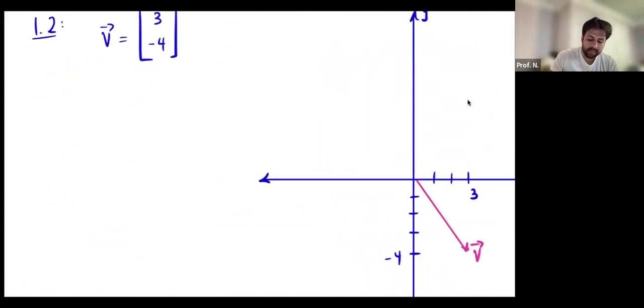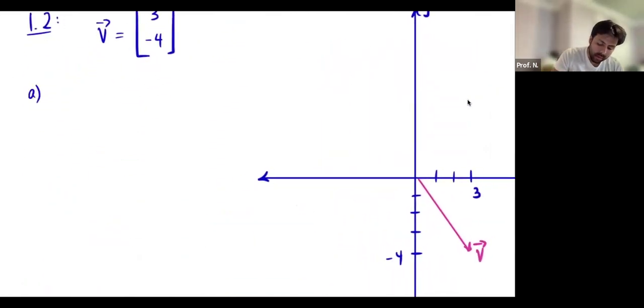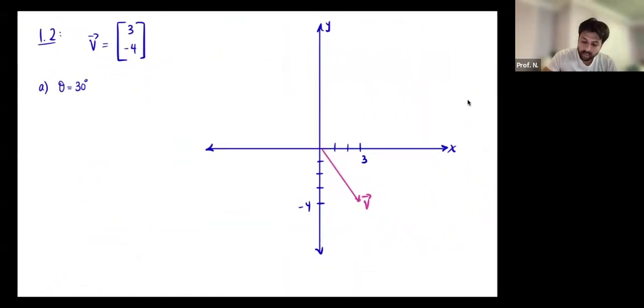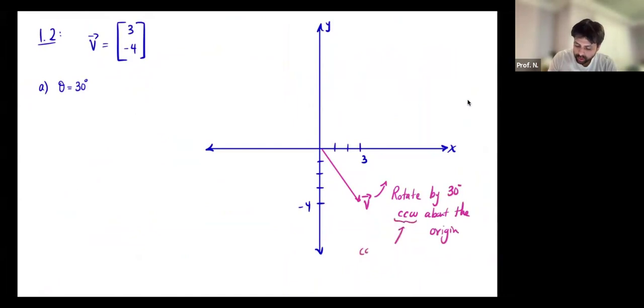So let's look at A. I want to rotate through the angle theta being 30 degrees. So I want to rotate this guy by 30 degrees. And the assumption is it's counterclockwise about the origin, which is just a shorthand notation for the counterclockwise direction.